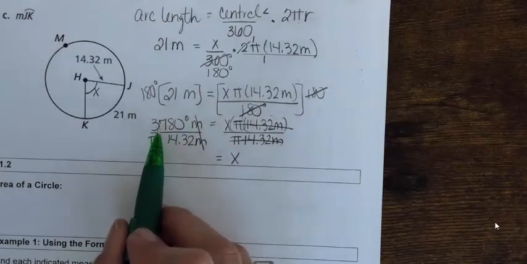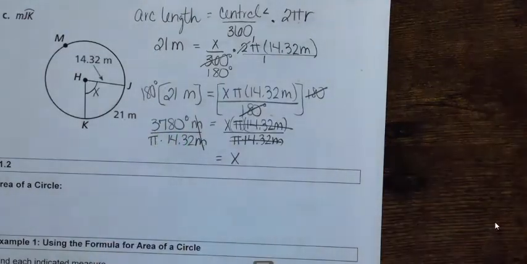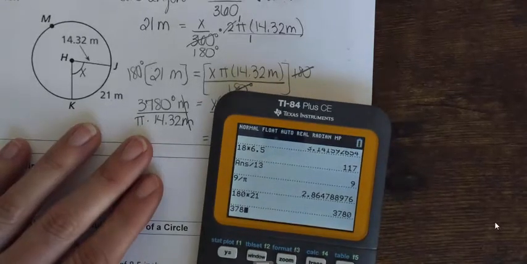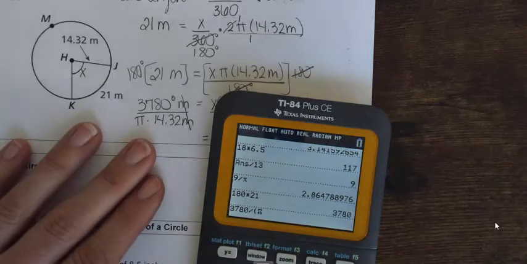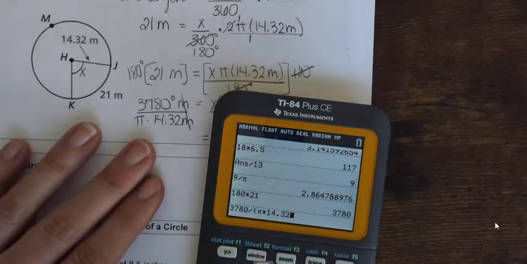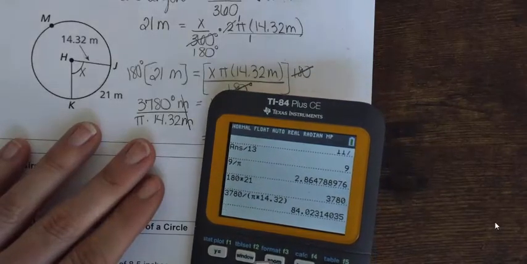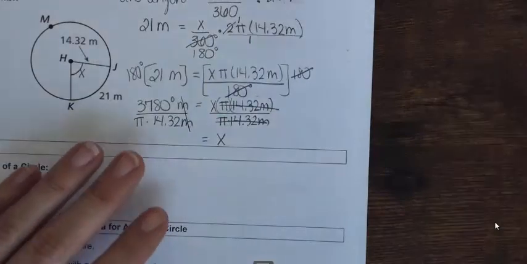So I'm going to take 3,780 and divide it by pi multiplied by 14.32, and I'm getting approximately 84.023.